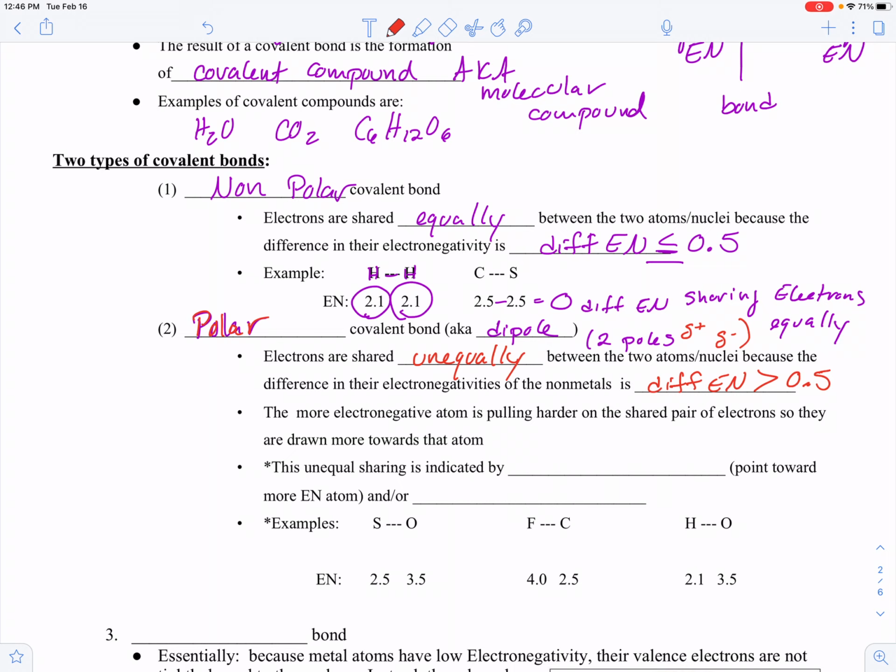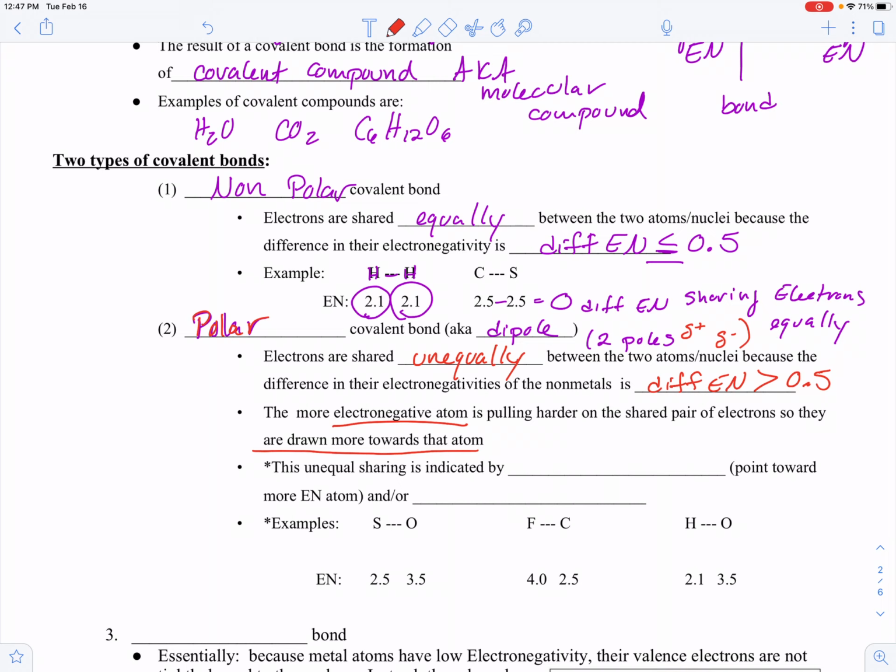The more electronegative atom is pulling on the shared electrons a little bit harder than the other atom. They draw the electrons a little bit closer to themselves, which causes that end of the molecule to have a partial negative charge because electrons are negative. So if you're pulling them closer to yourself, you'll have a partial negative charge.